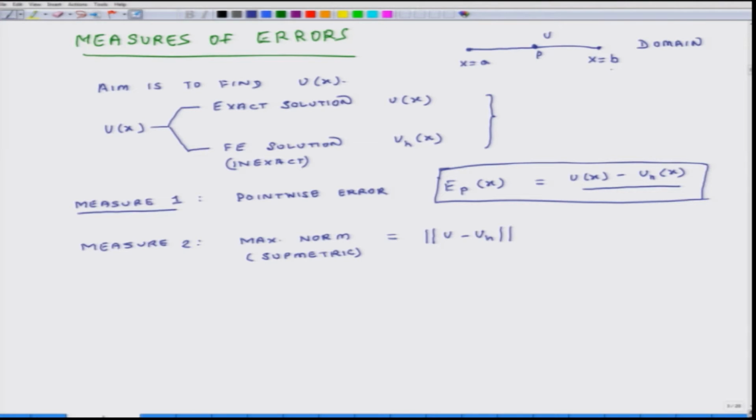Just for purposes of brevity, I am dropping the x. So, this is the max norm, and what is it?